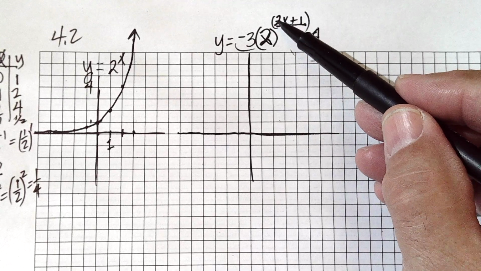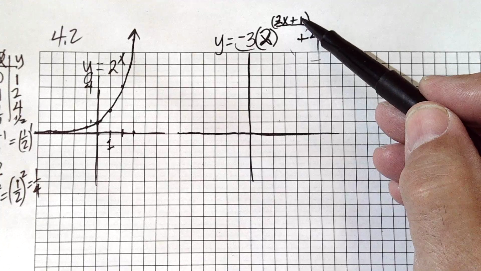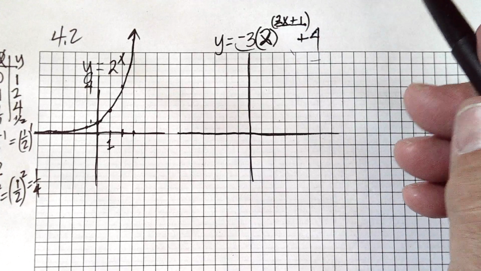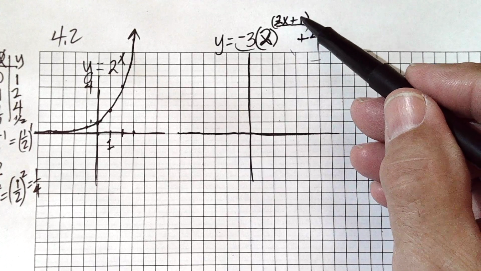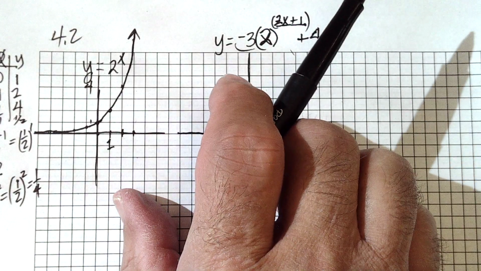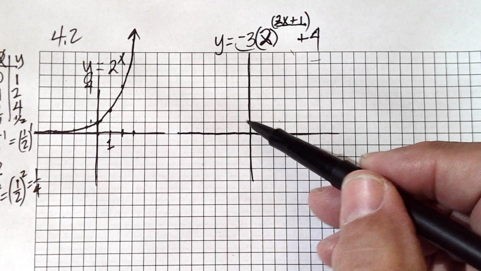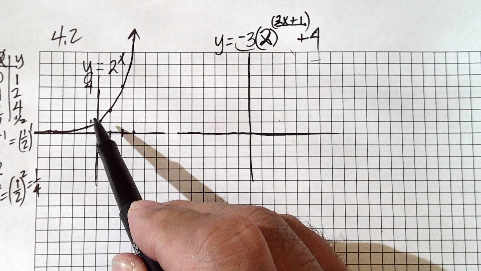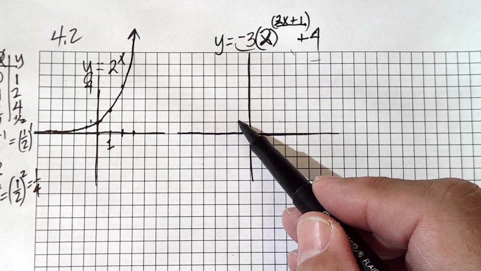So if I had an x, I'd multiply first and add 1, but I'm going to do it opposite. I'm going to do the opposite of adding 1, which moves it to the left 1. So instead of (0, 1), it's going to be (-1, 1).